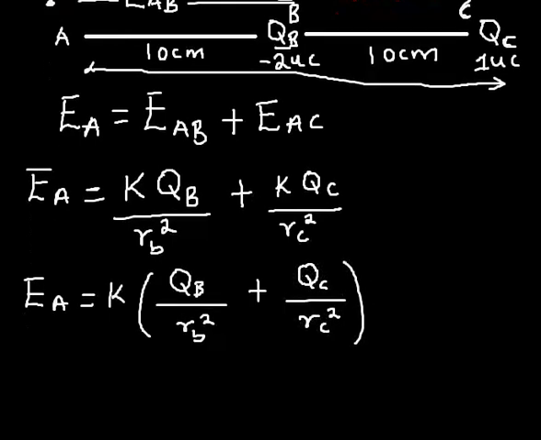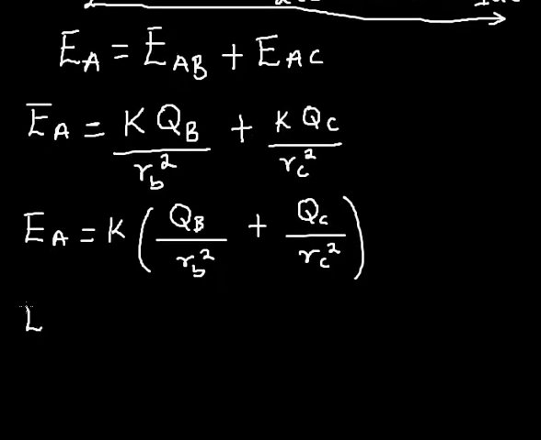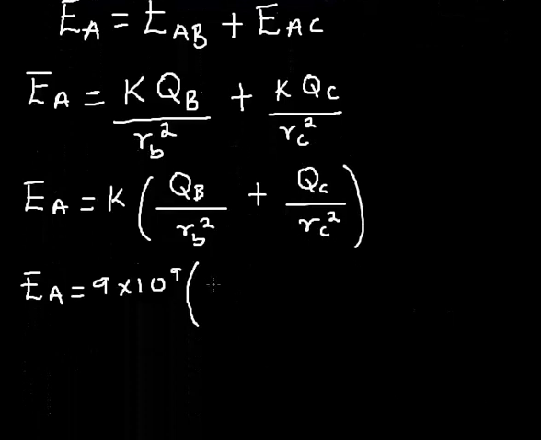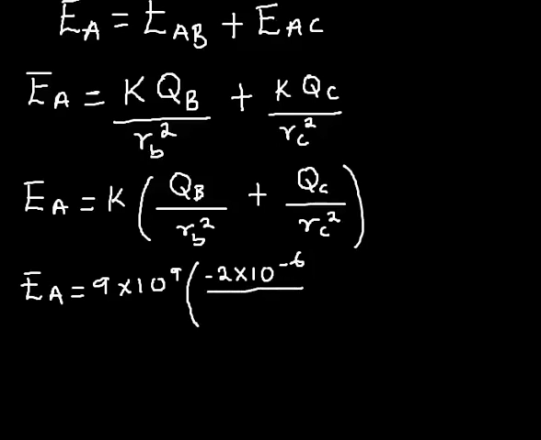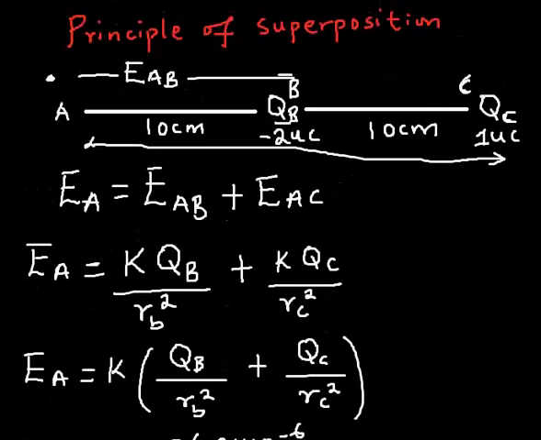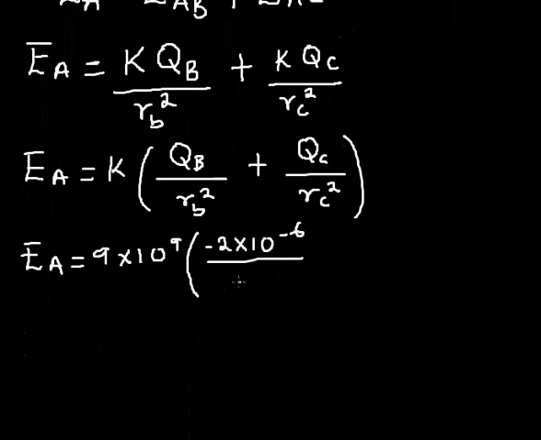So let's evaluate. The electric field at point A is going to be equal to 9 times 10 raised to the power 9, open brackets, the charge QB is minus 2 microcoulombs, so 2 times 10 raised to the power of minus 6, divided by the distance.